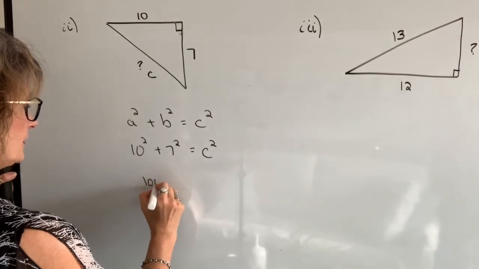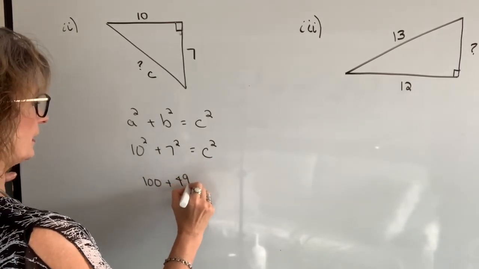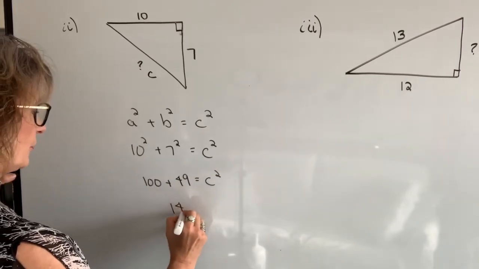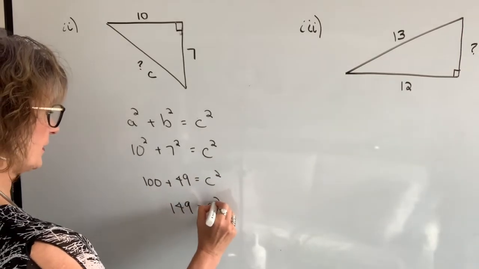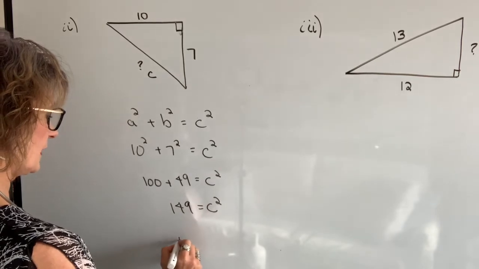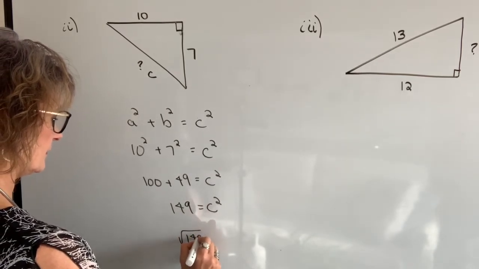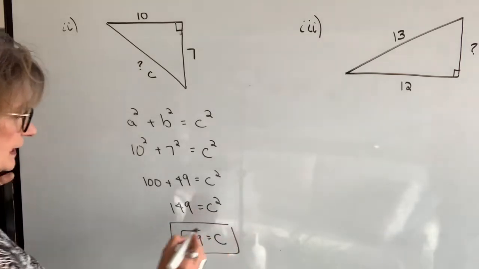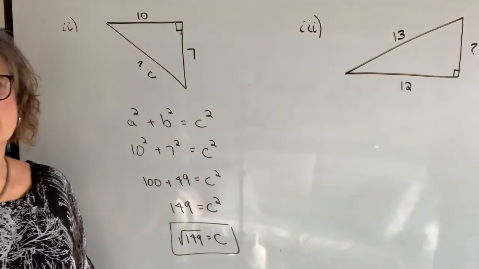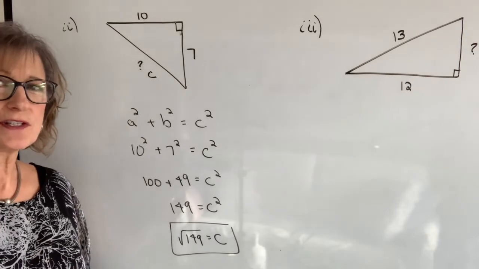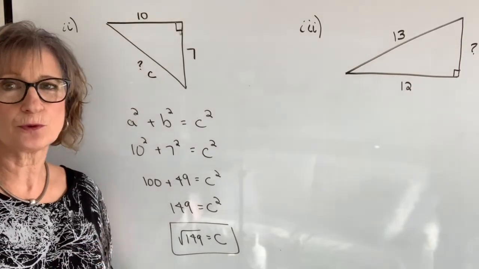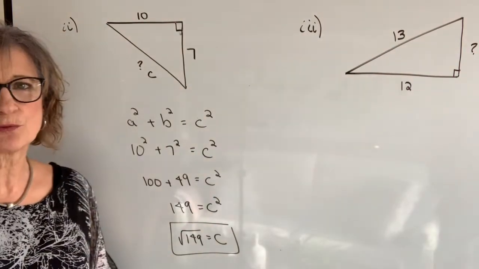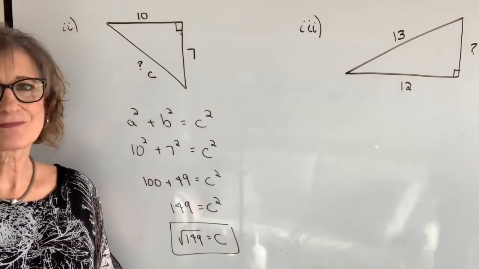So 100 plus 49 is equal to C squared. We add those, 149 is equal to C squared. Take the square root of both sides. We can either leave it exact or we can write it as a decimal value. It depends what you're using the answer for. If you actually want a length, then you might want to calculate what the square root of 149 is.